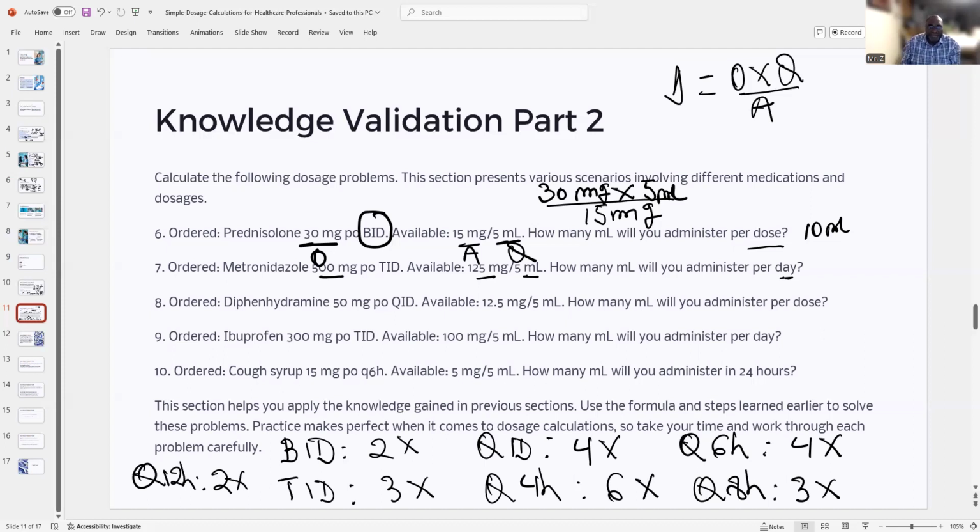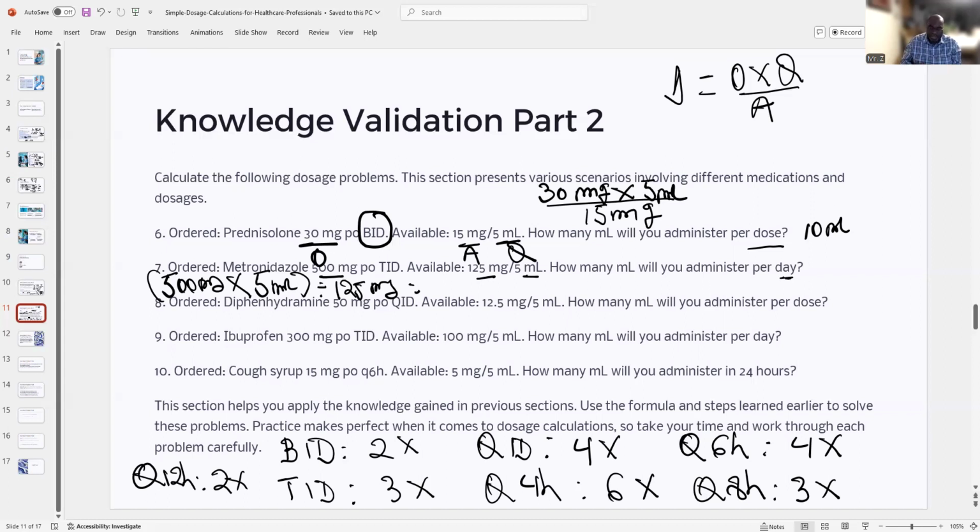So number 7, all right, get your calculator. You're going to have your order, which is 500, multiplied by available quantity, which is 5 ml. Your answer, you have to divide that by available, which is 125 milligrams. So you have 500 times 5 milliliter.